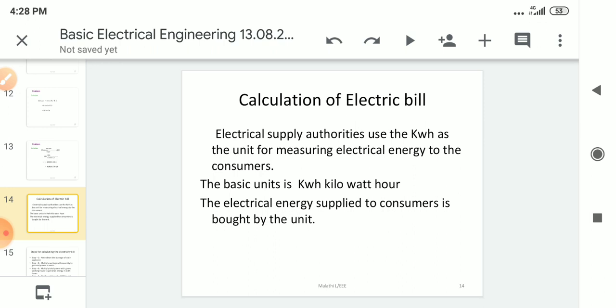The bulbs have some 9 watts, 12 watts, LED bulbs like that, and mixie 1500 watts, 1000 watts, the heater and fans. Just see all the watts of your appliances used in your home. This gives an indication of the amount of electrical power they need to do work.